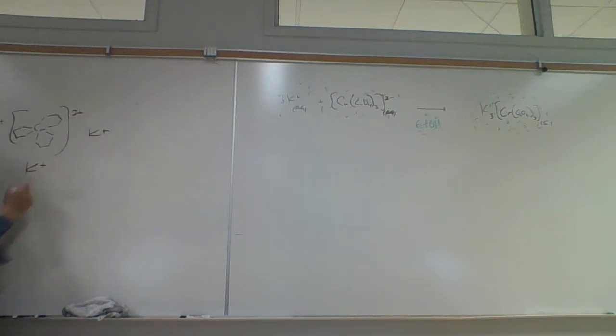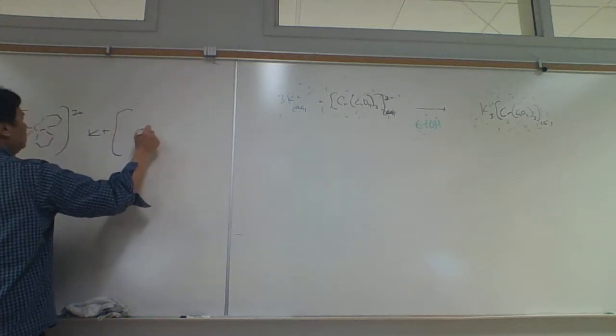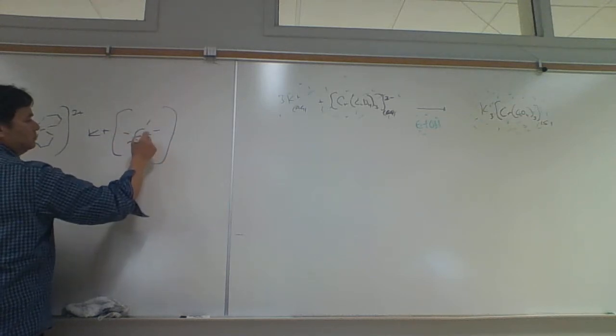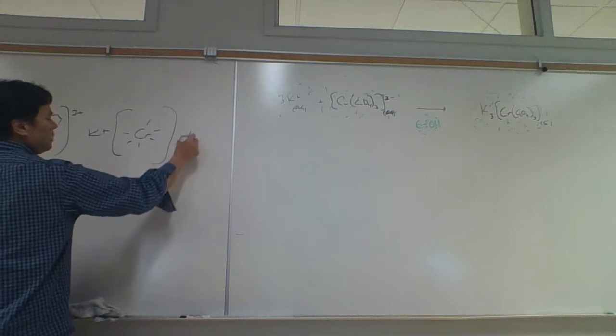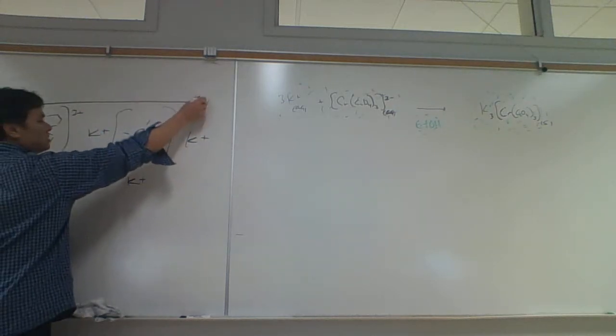This would be one formula unit. A formula unit would just be one unit of this. It's not a molecule, it doesn't form molecules, but it'd be 3 potassium ions and 1 of these. And these would just alternate into a solid lattice.